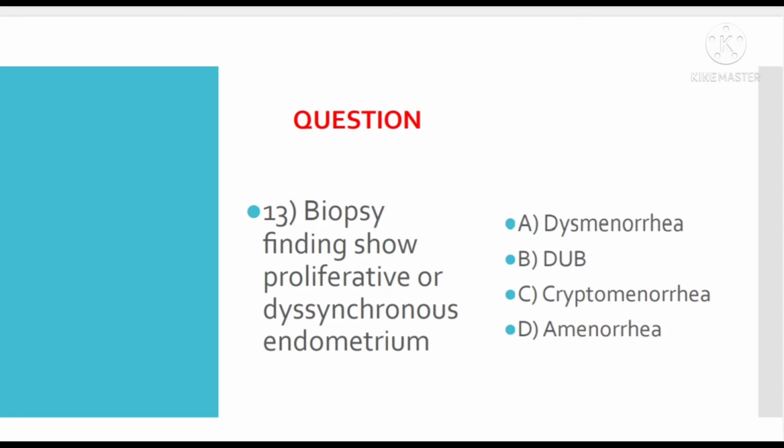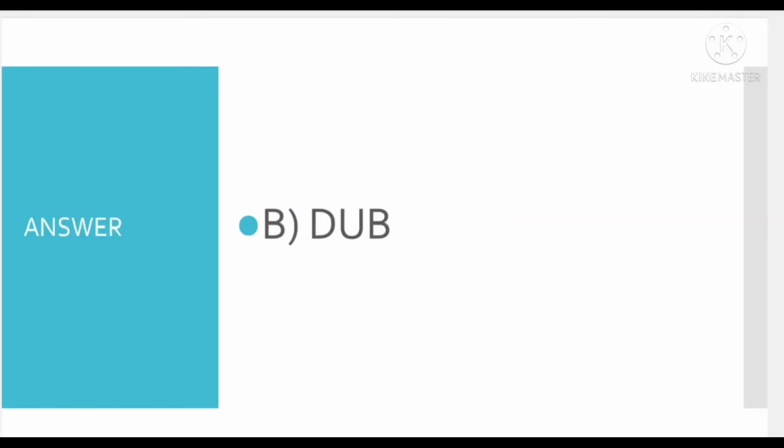Next question, question number 13. Biopsy finding shows proliferative or dyssynchronous endometrium. Option A dysmenorrhea, option B dysfunctional uterine bleeding, option C cryptomenorrhea, last option D amenorrhea. Here the correct answer: option B, dysfunctional uterine bleeding.